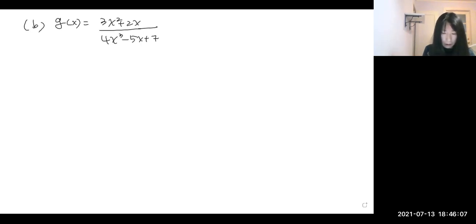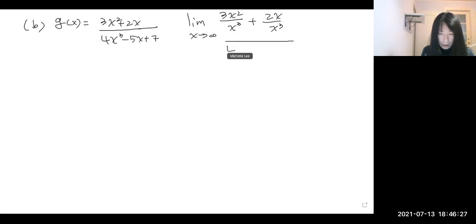The limit as x approaches positive infinity of 3x squared, the highest one is x cubed, so over x cubed, or 4x cubed over x cubed, minus 5x over x cubed plus 7 over x cubed. Okay, now we simplify.